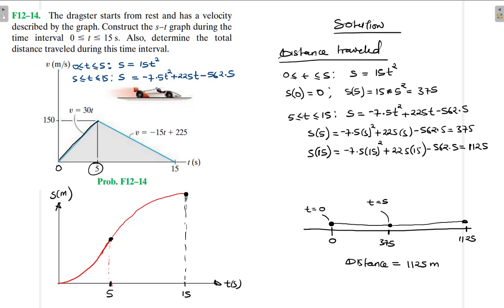Right, so this point here is equal to 375, and this point here, which is the maxima for this particular quadratic equation, where velocity is equal to 0, is s of 15.